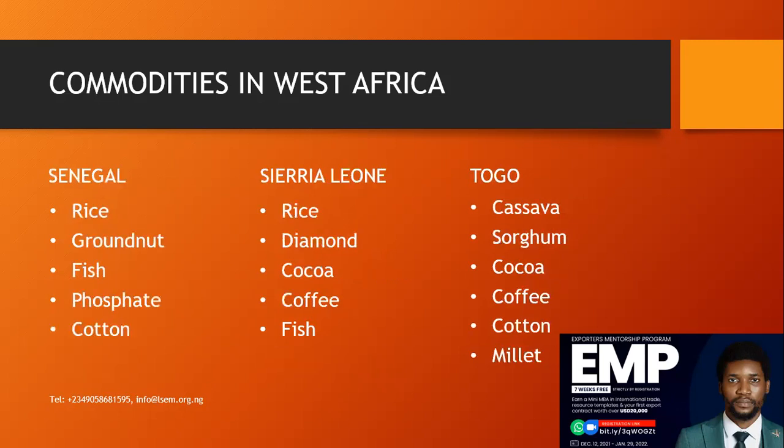Senegal has rice, groundnut, fish, phosphate, and cotton. Sierra Leone has rice, diamond, cocoa, coffee, and fish. Togo has cassava, sorghum, cocoa, coffee, cotton, and millet. There's a conference of international trade and export that usually happens in Togo every year.